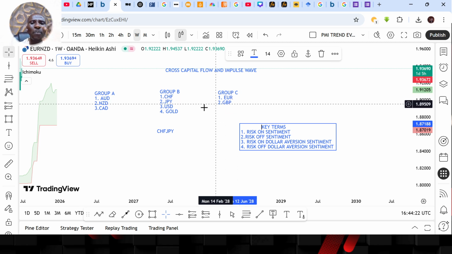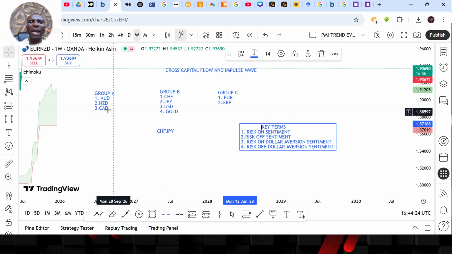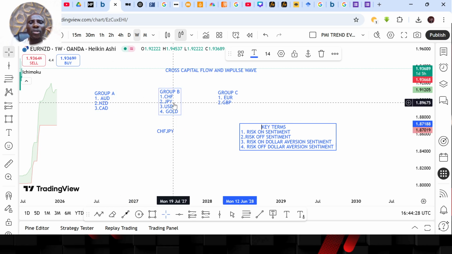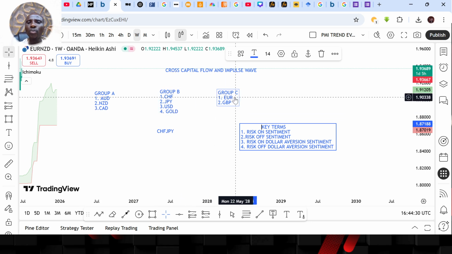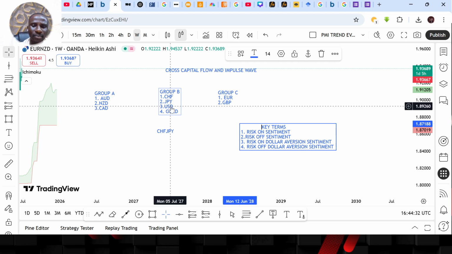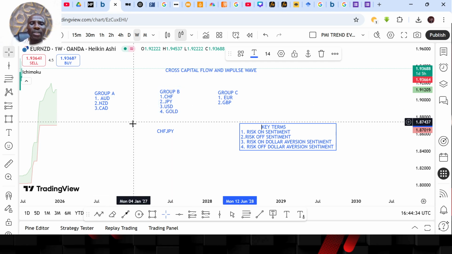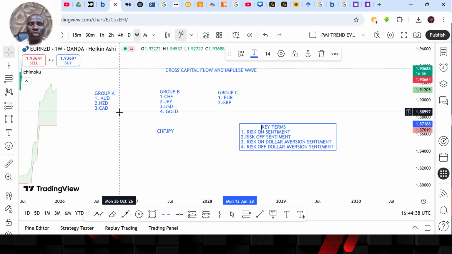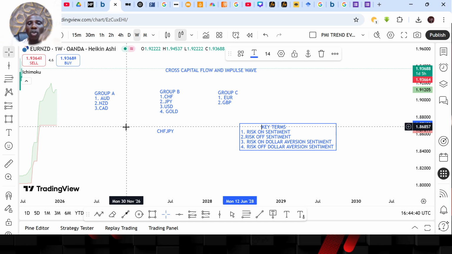Now, if you are to pair currencies, you might be focusing on group A pairing it with group B, or group C pairing it with group B. Let me say that again. Even if you don't know how to use the gauge or the currency index, these are the gauges we use.